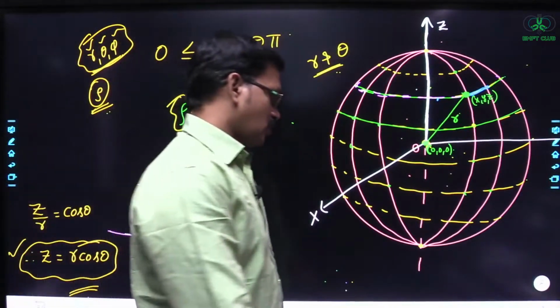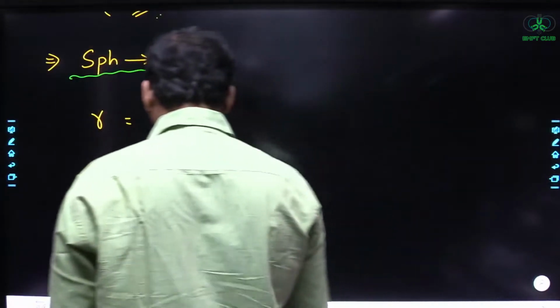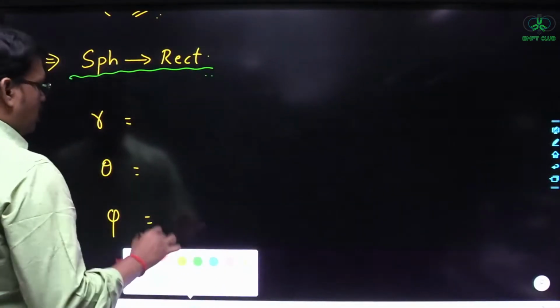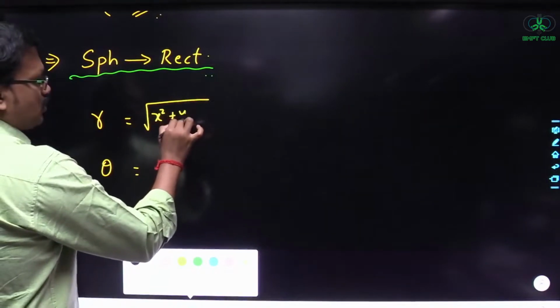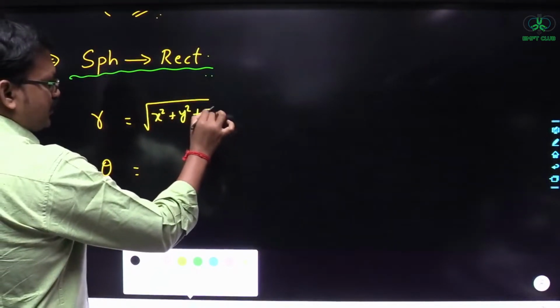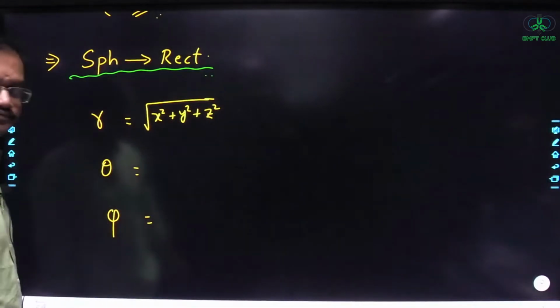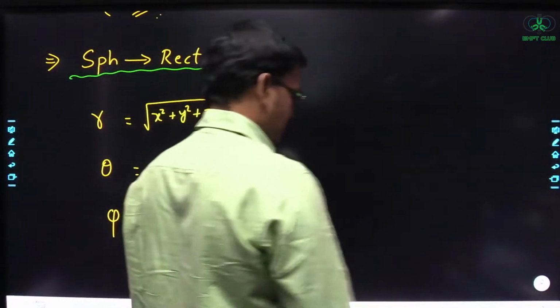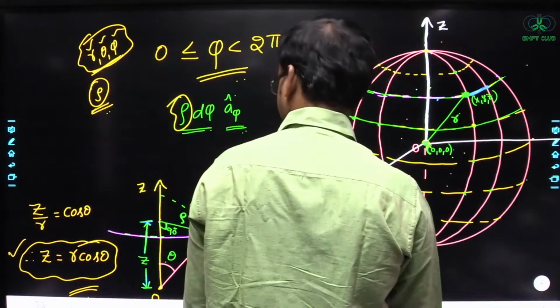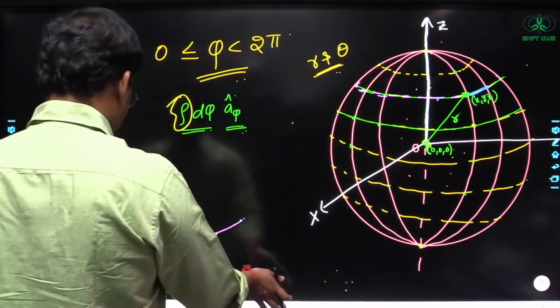So r I can represent as square root of x square plus y square plus z square. That's it. Right? Next, theta. Now see here.